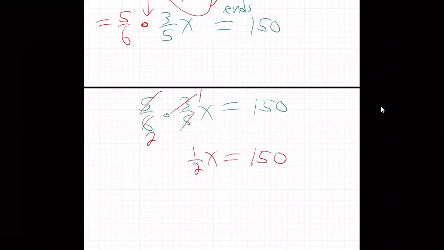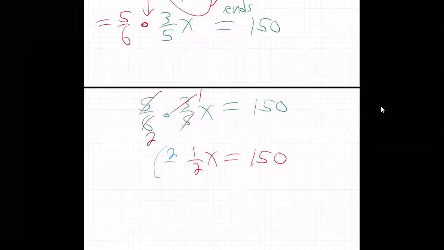Now, how do we finish getting X alone? We've got to get rid of that half, right? We've got to do the opposite of the half. What's the opposite of the half? 2/1.